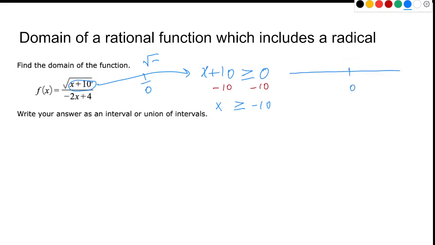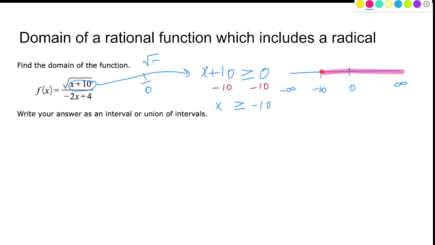Here's a reference 0. Negative 10 would be over here. Negative infinity is over here. Infinity is over there. So x is greater than or equal to negative 10. So at negative 10, we have a solid dot, and then x has to be bigger than that. So it's everything going this way.